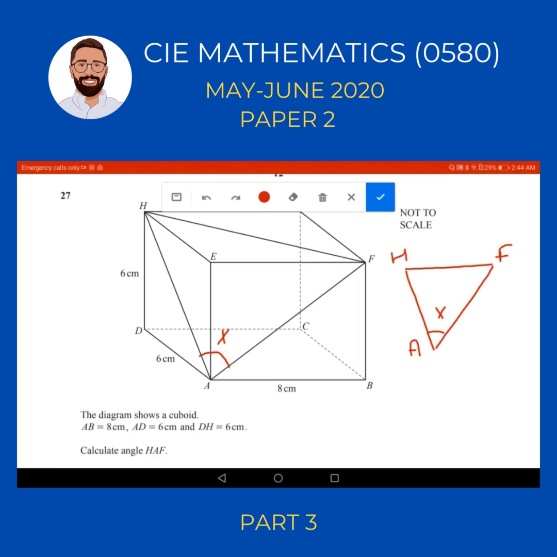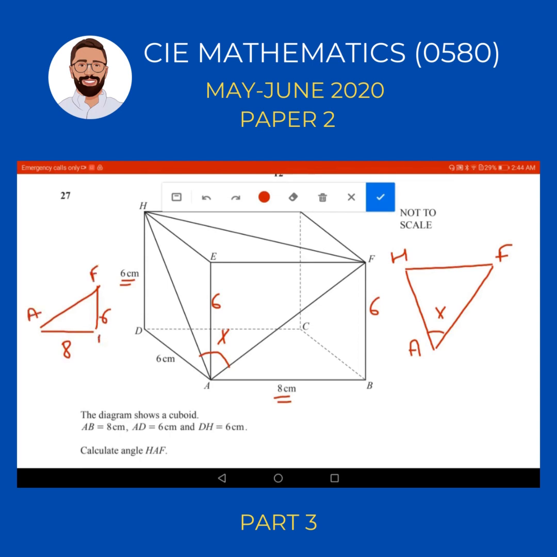Now to find angle X, I need to find the lengths of the three sides, HA, HF, and AF. Now how can I find AF? If this is 8 and this is 6, so this is 6 because it's a cuboid. If I draw this triangle, this is 8, this is 6, how can I find AF?